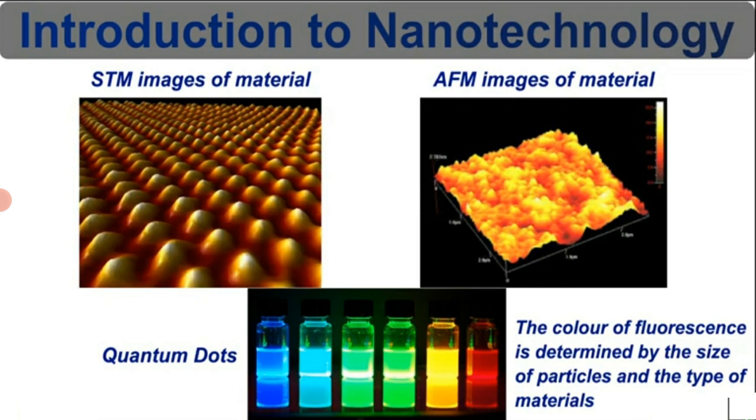The term quantum dots refers only to semiconductor nanocrystals. The electronic properties of quantum dots lie between bulk semiconductors and isolated molecules. Optoelectronic properties of quantum dots mainly depend on size and shape. When these parameters change, the properties also change.